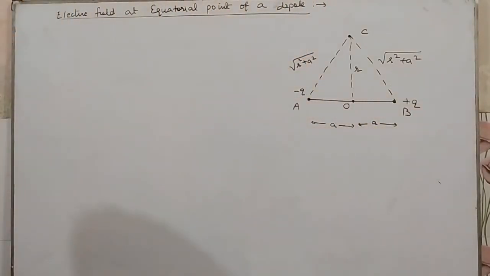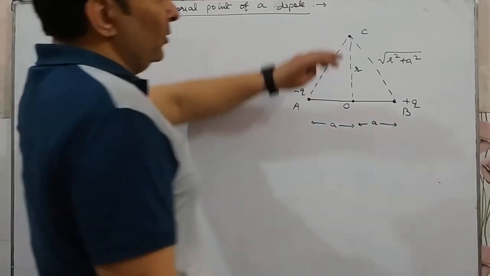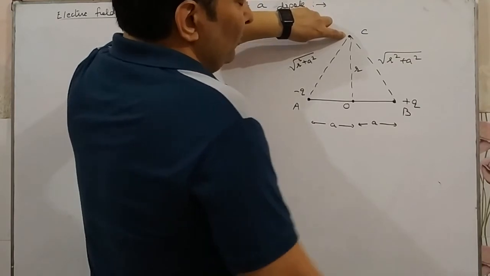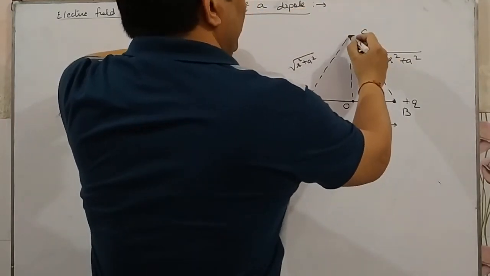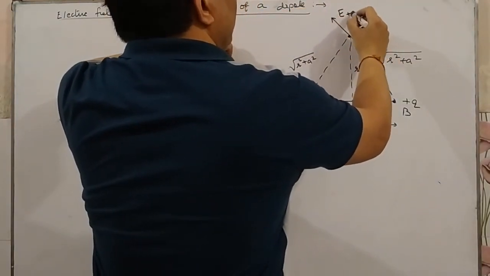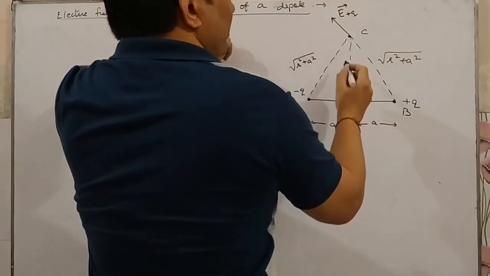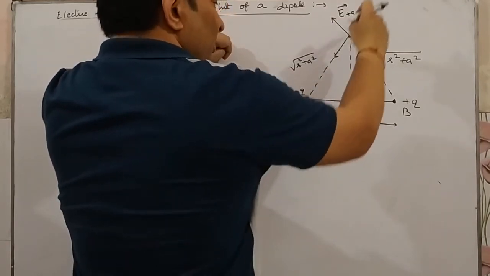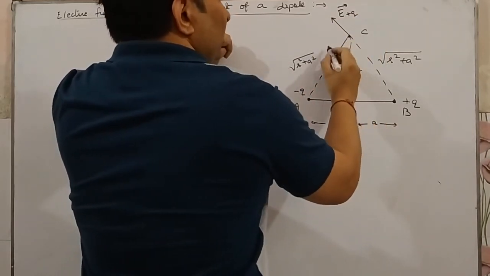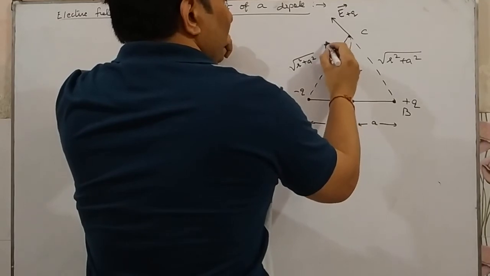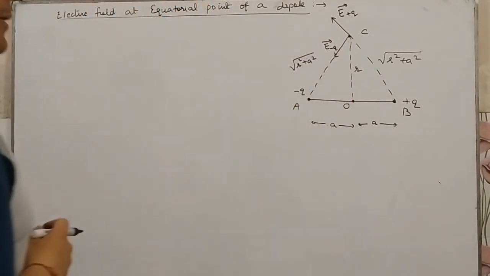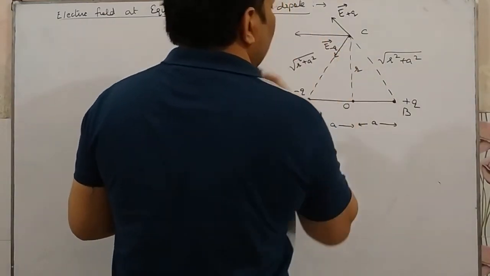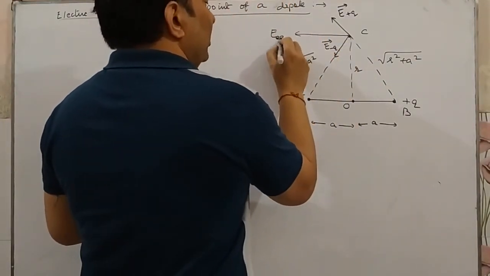Now, since we are looking for the electric field at this point, we assume a positive charge, so the direction of the electric field here will be E plus Q. The direction of the electric field because of the negative charge is downward, because of attractive forces. So we have E minus Q here, and the resultant field will be around this direction, which will be E equatorial.